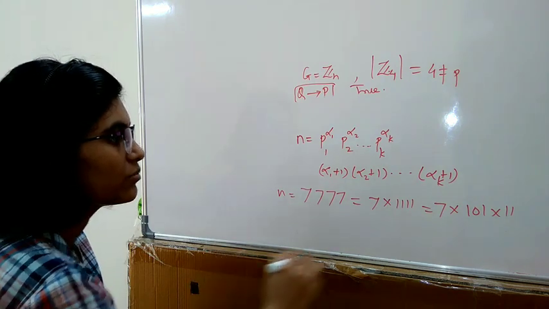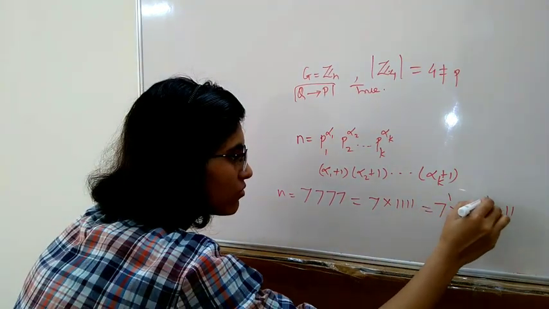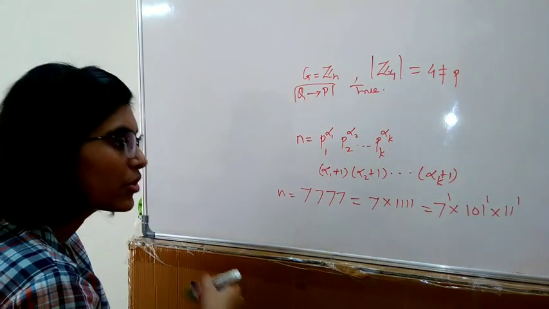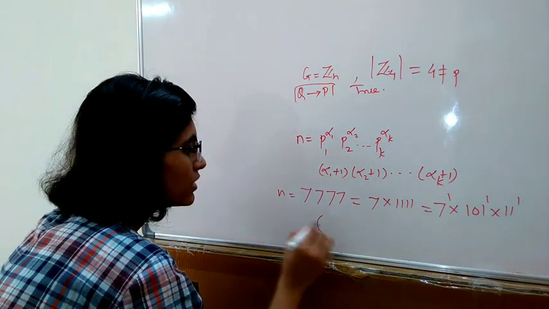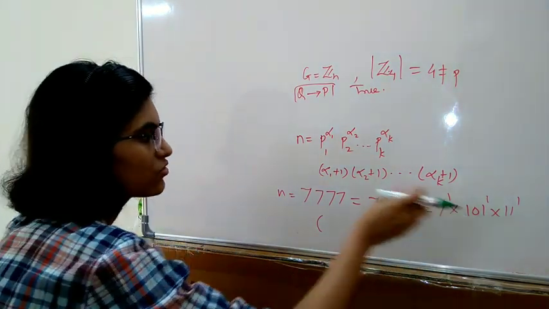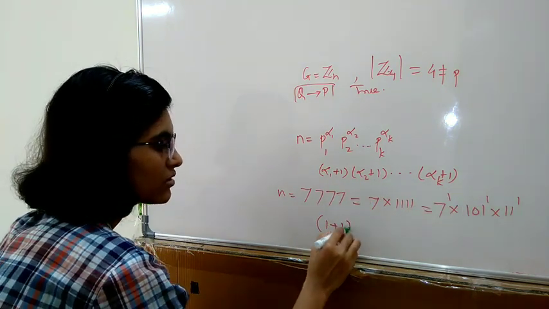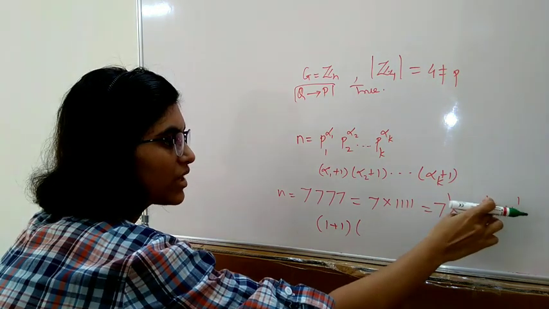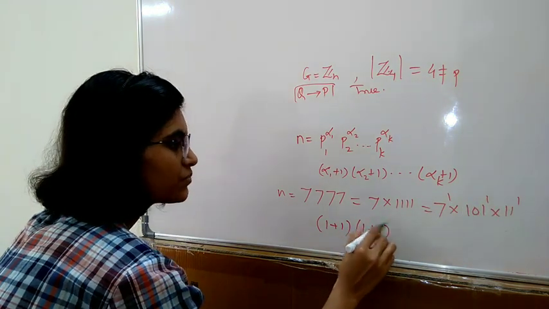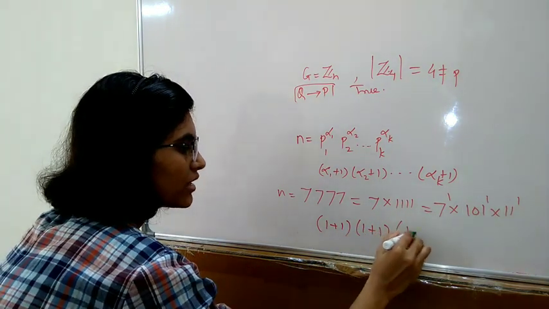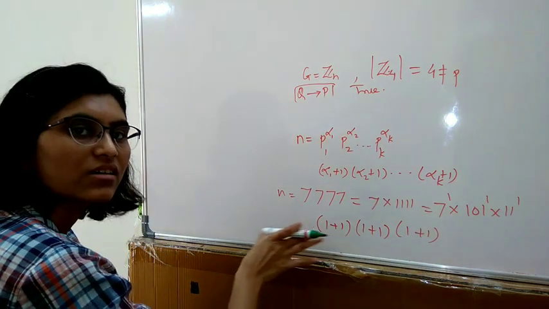Now what are the powers? They are just 1, 1, 1. So the number of divisors is equal to, since we have only 3 primes, take the first power 1, add 1 to it, then the second power is 1, add 1 to it, then the third power is 1, add 1 to it. So just take this product.